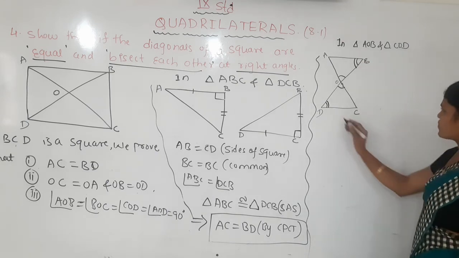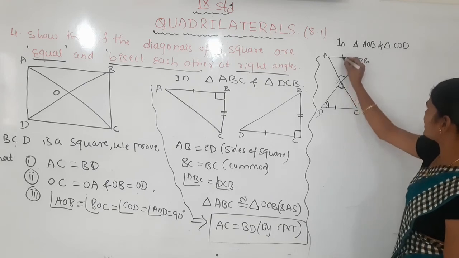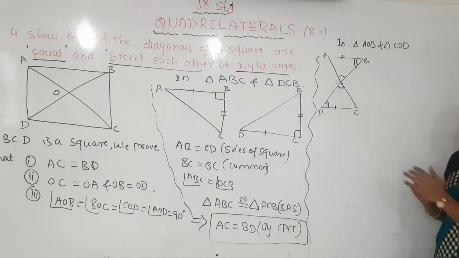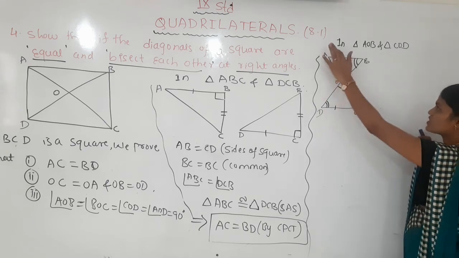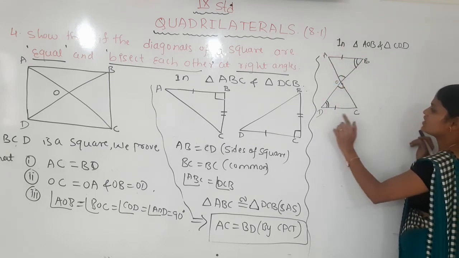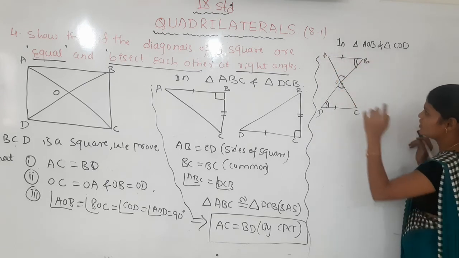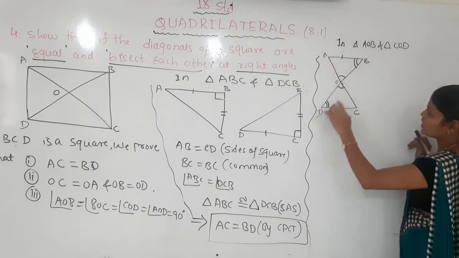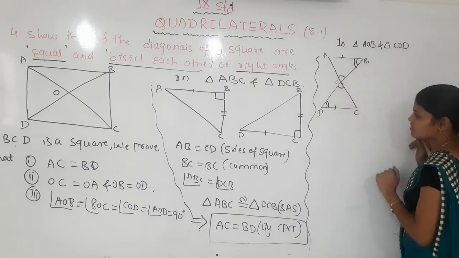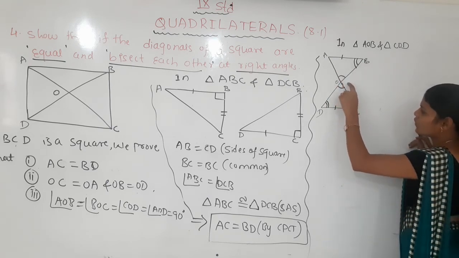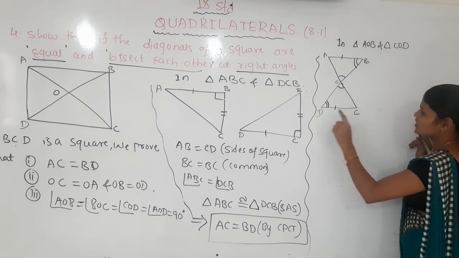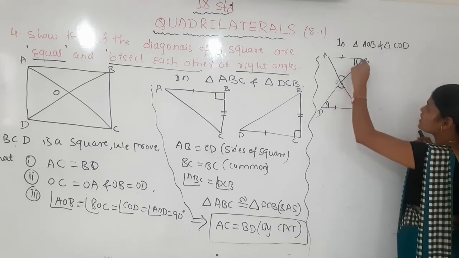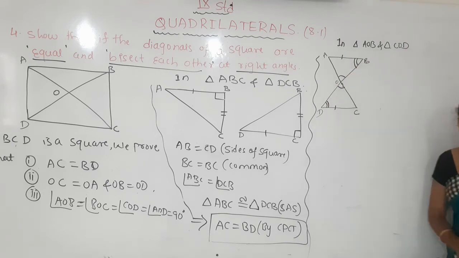And next, BC and AB are the same. These are two sides of the square. CD is the same as AB, and angle AOB is the same as angle COD by vertically opposite angles, and angle ODC, or CDO, is the same as ABO. Why? Alternate interior angles are equal here.